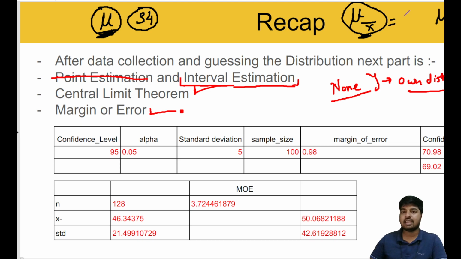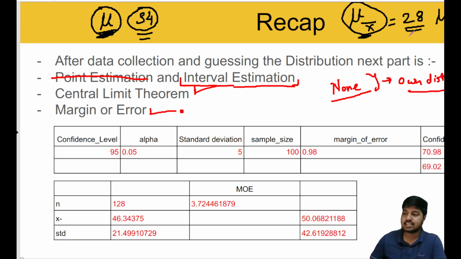So here you might get 28. In reality it is 34, but you might get 28, because you are going to select only a few hundred people, and actually there are crores of people. So based on this, you are going to estimate the mean of India.